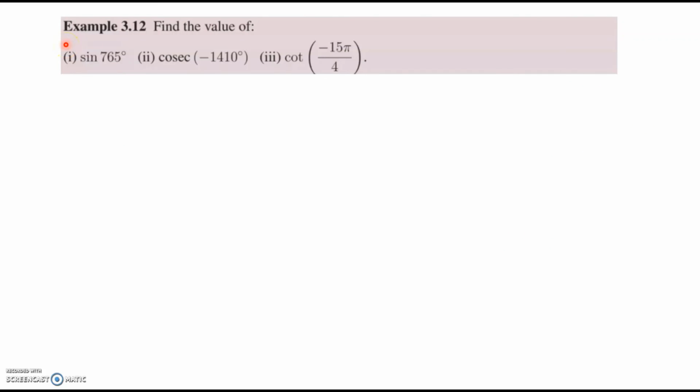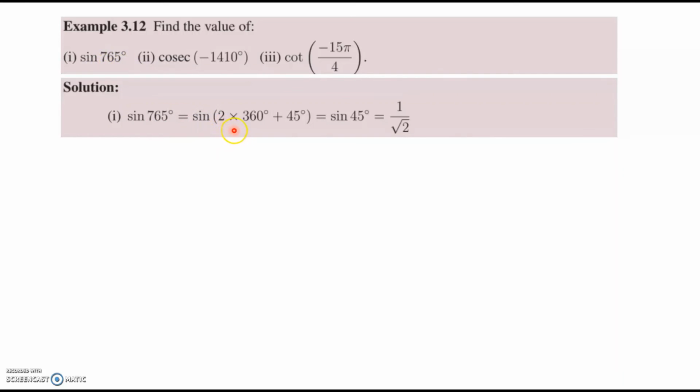Example 3.12. Find the value of sine 765 degrees. So let's rewrite 765 as 2 times 360 plus 45. 2 times 360 is 2 full rounds in the circle. So plus 45 degrees will be sine 45 degrees, which is 1 by root 2.